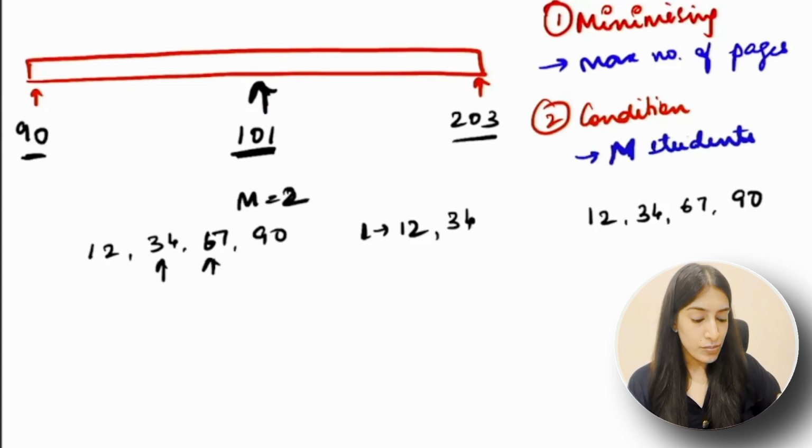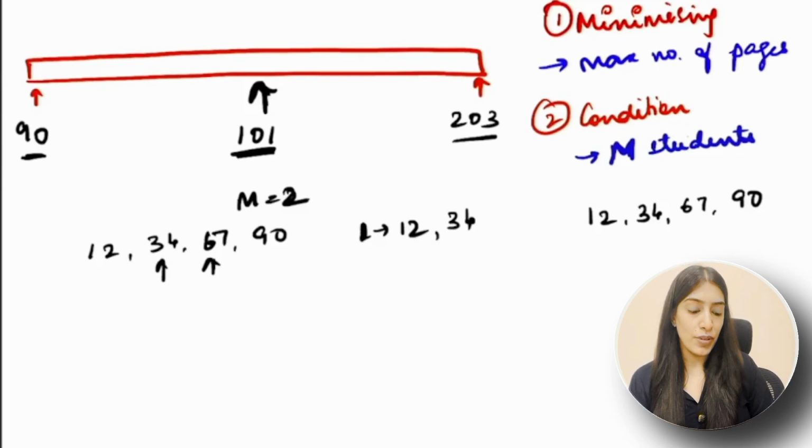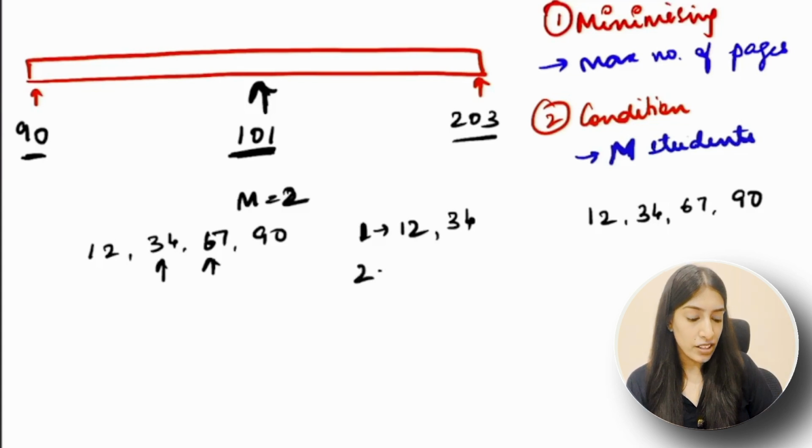Then we come to the 67. If we give 67 to the first student as well, then the number of pages the first student gets is 12 plus 34 plus 67, which becomes more than 101. But we want to see if it is possible to have the maximum number of pages be 101. So instead we assign it to the second student.